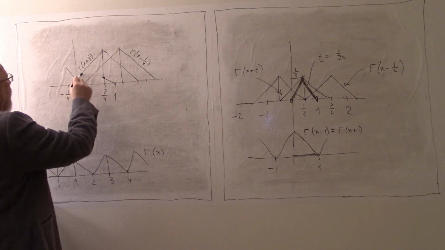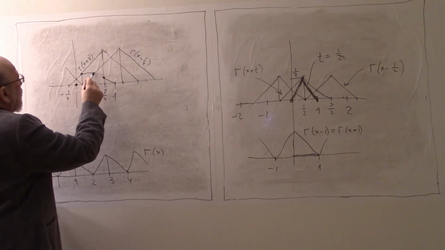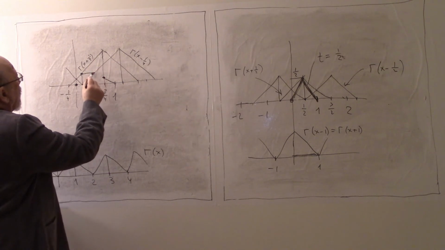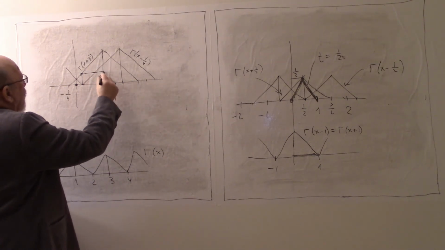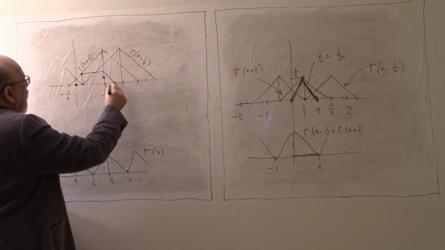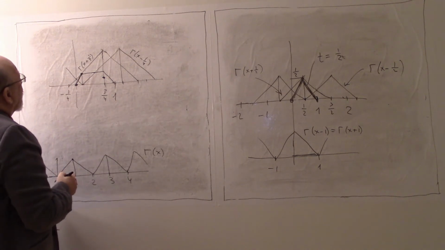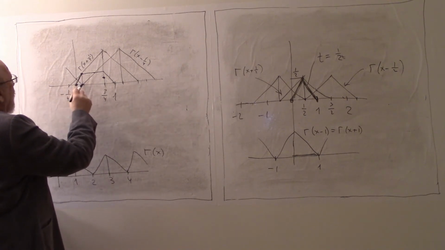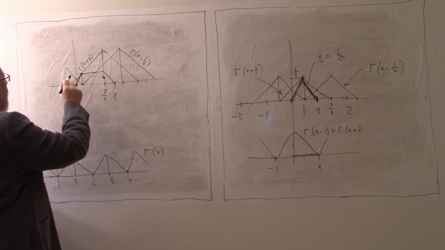Here it is this. Then it stays constant till here, and then it goes down to 0. So it is 1/4, and this is also, it is 1/2.